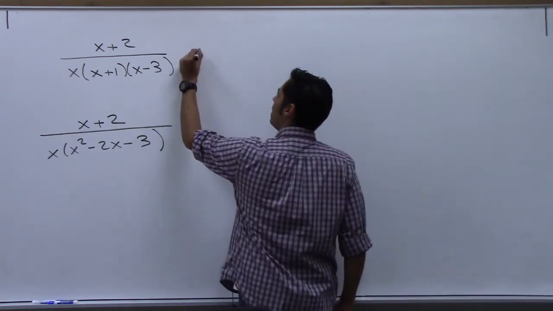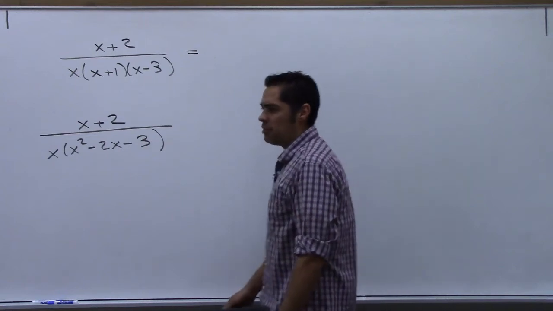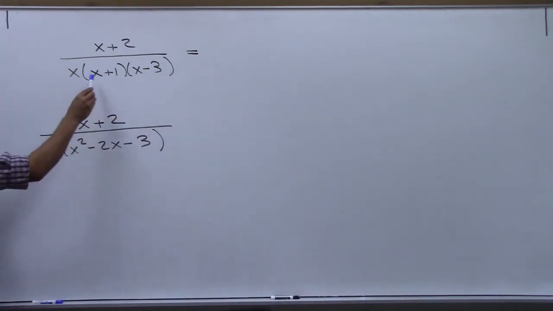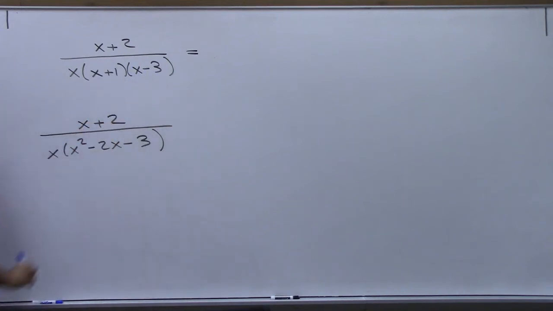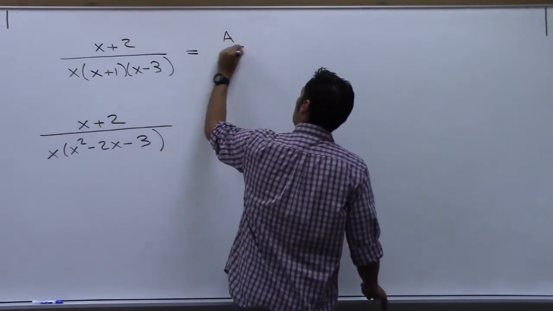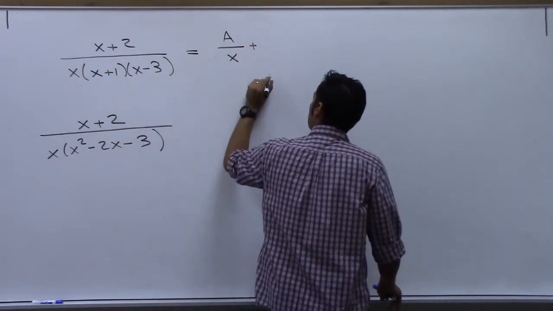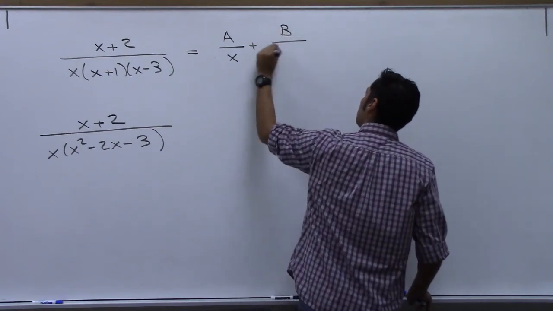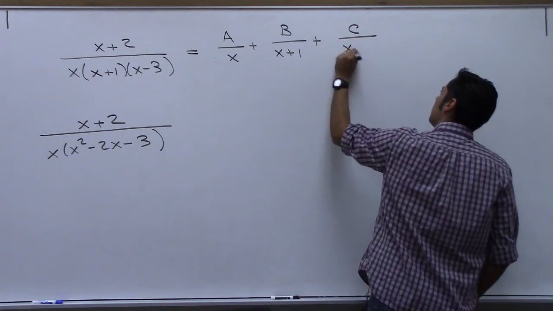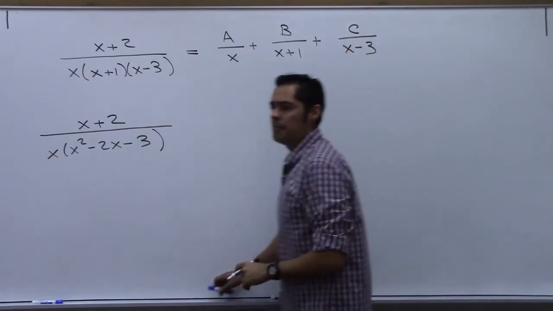Now, this must be equal to, we identify 3 distinct linear factors. Do you see them? x is a linear factor, x plus 1 is a linear factor, x minus 3 is a linear factor. They are distinct. So that means I know for sure this is going to turn into a over x plus b over x plus 1 plus c over x minus 3. Understand that step?